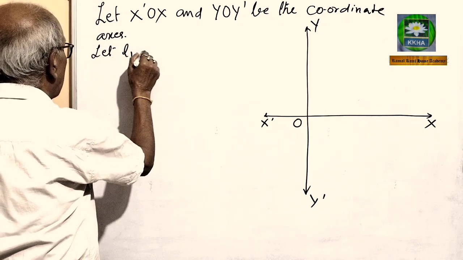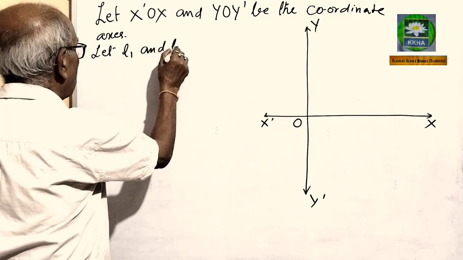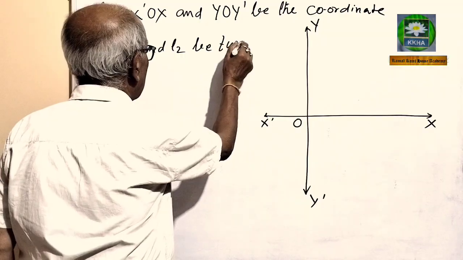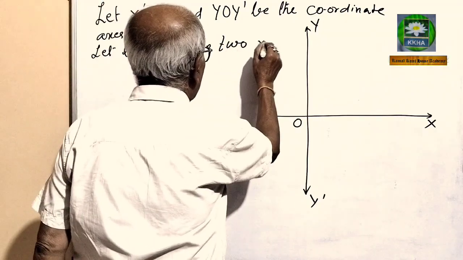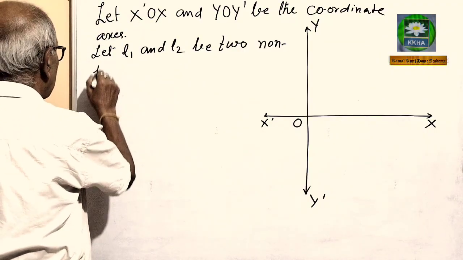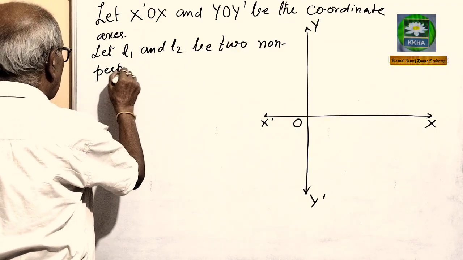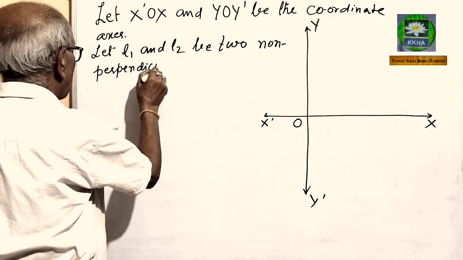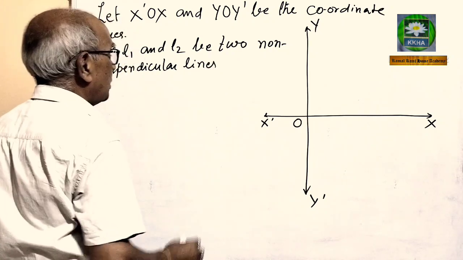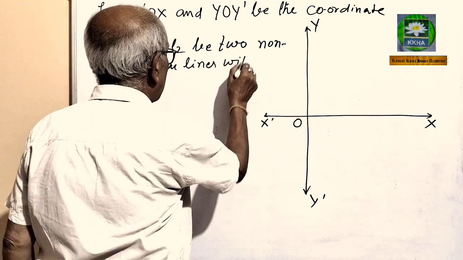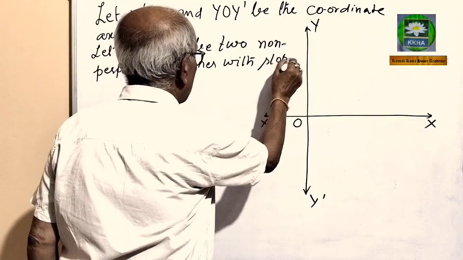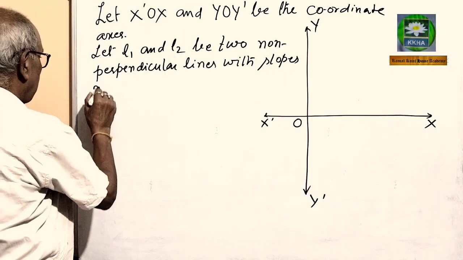Let L1 and L2 be two non-perpendicular lines with slopes m1 and m2.